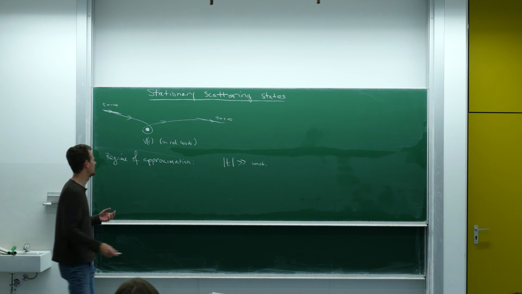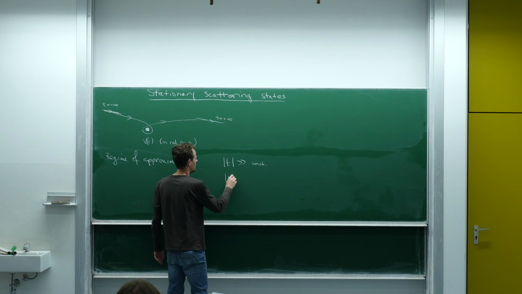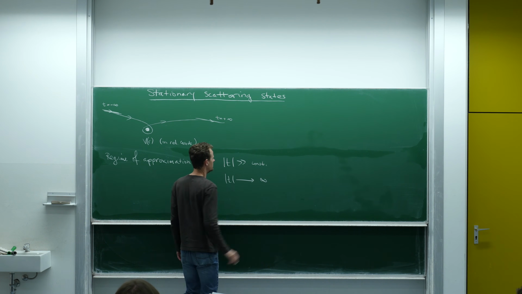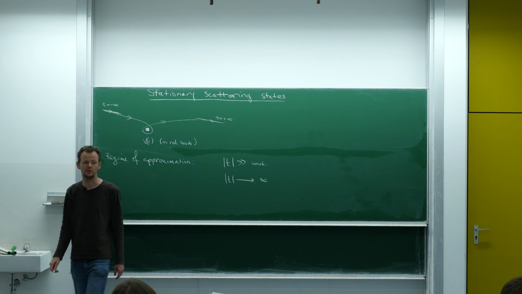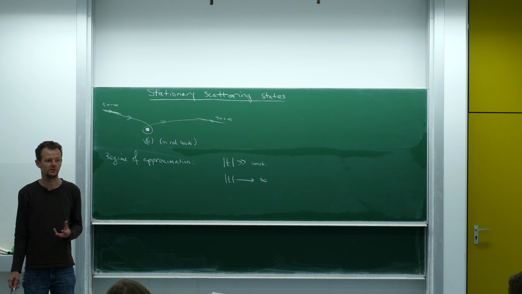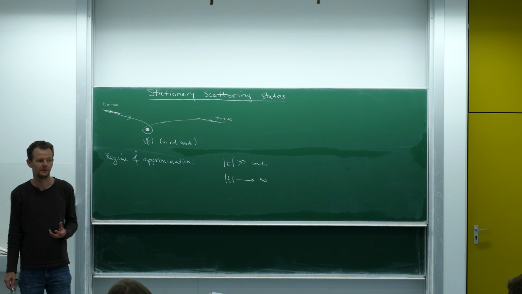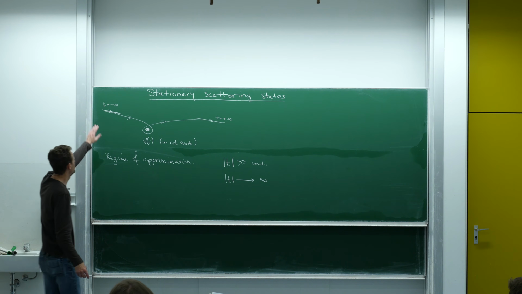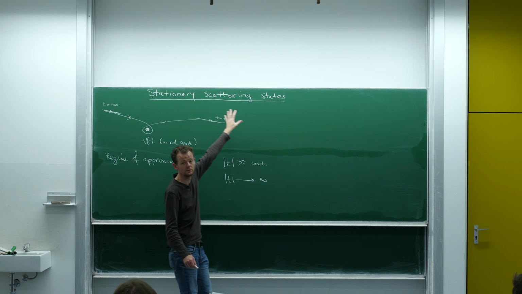In fact, we really are interested in times that go to infinity, plus and minus infinity. And we just throw out any information about what happened in the middle. So we only care about what happens infinitely far in the past or infinitely far in the future.